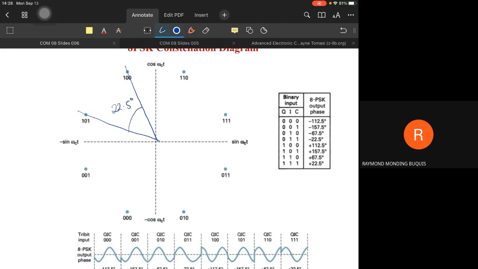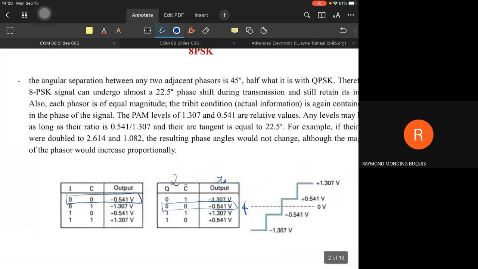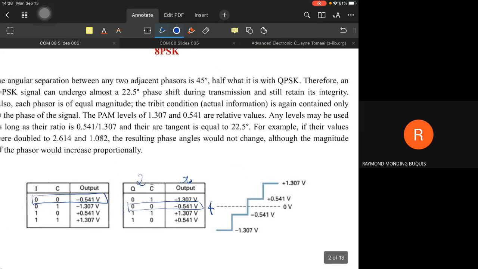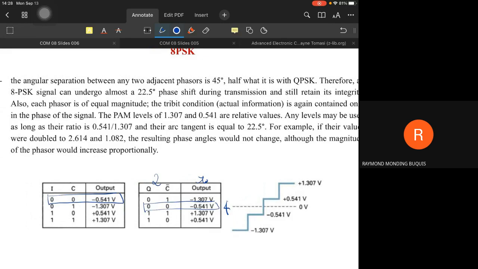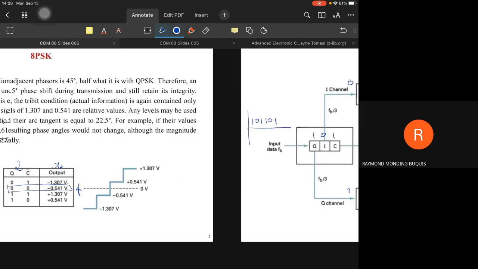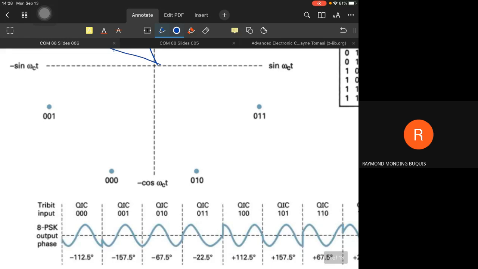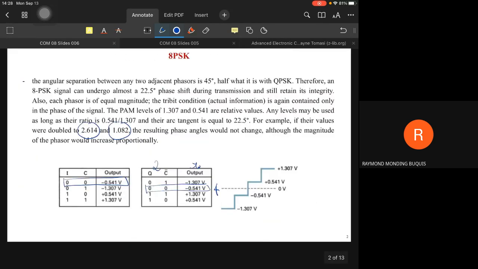For example, if their values were doubled to 2.614 and 1.082, the resulting phase angles would not change, although the magnitude of the phasor would increase proportionally. It is the same, but the level is bigger. The phase difference is still 22.5.